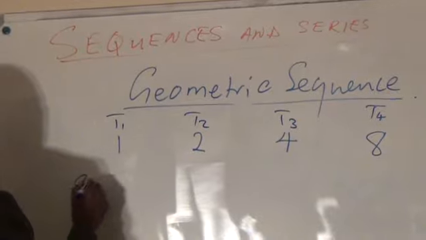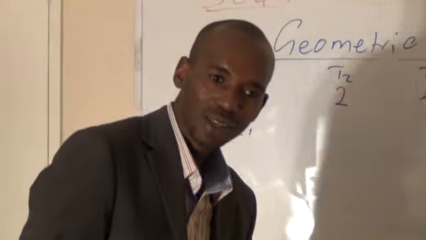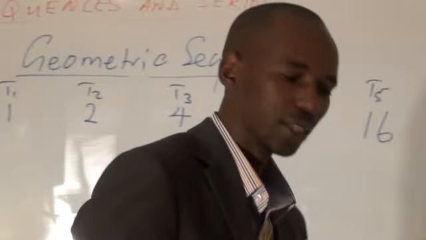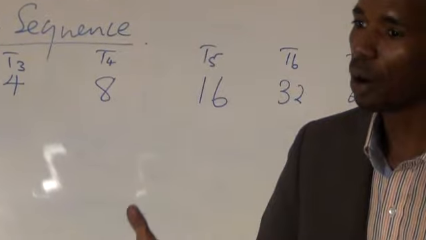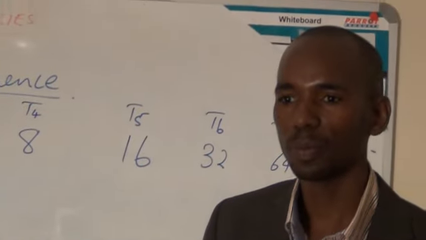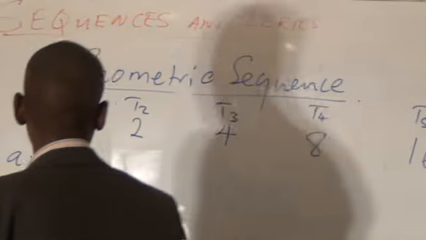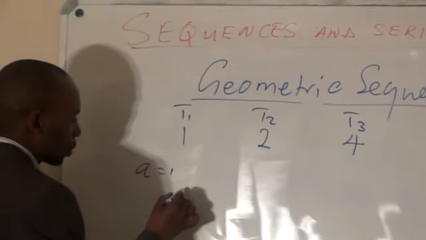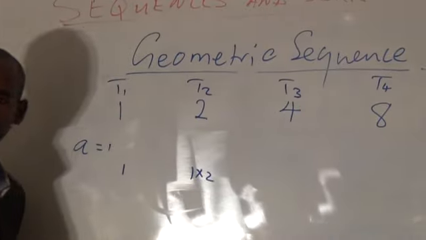We agree A equal to 1. Then someone has told me, very clever, very intelligent, that all we are doing is to multiply a term by 2 to get the next term. Alright? So if you try to look at this, this is what we've actually done. 1 times 2, correct?